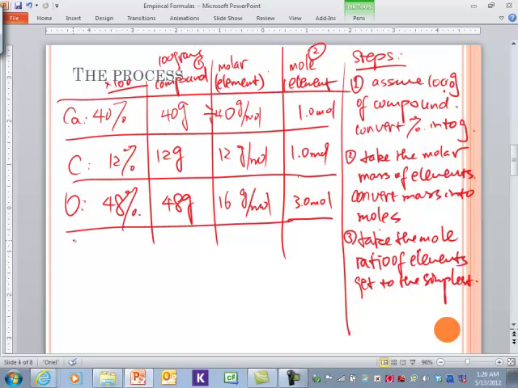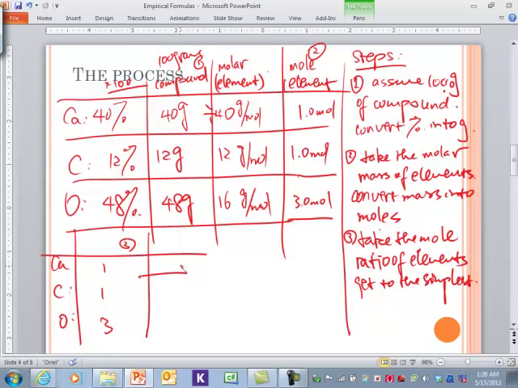So that will be step 3. You still have calcium, carbon, oxygen, since I'm running out of space. This is just direct translation from the right side. And number 3, you're going to take the ratio, which is becoming 1, 1, and 3.